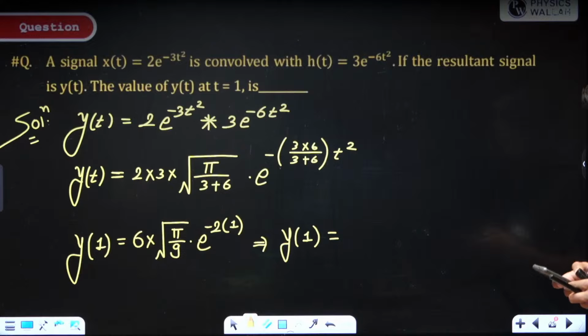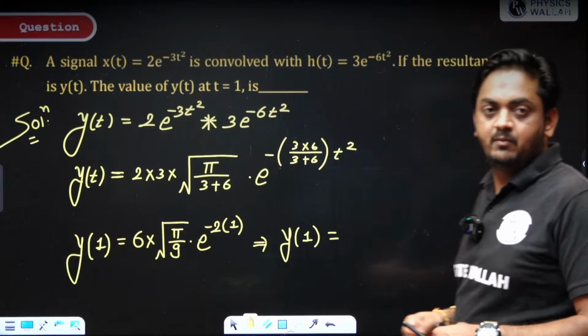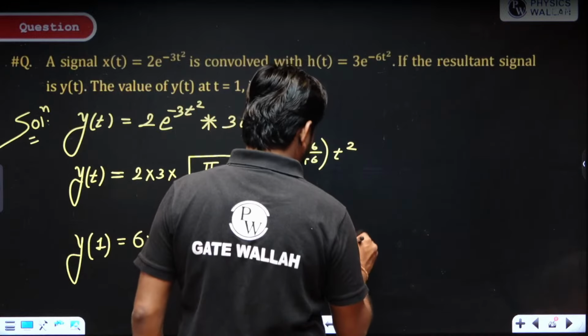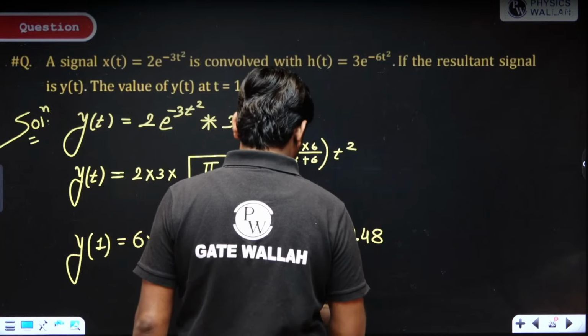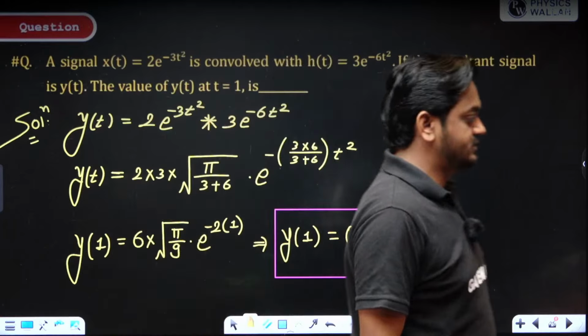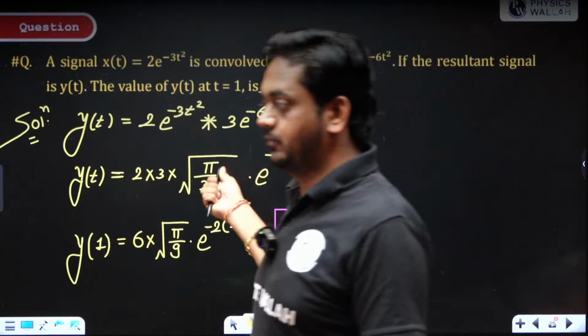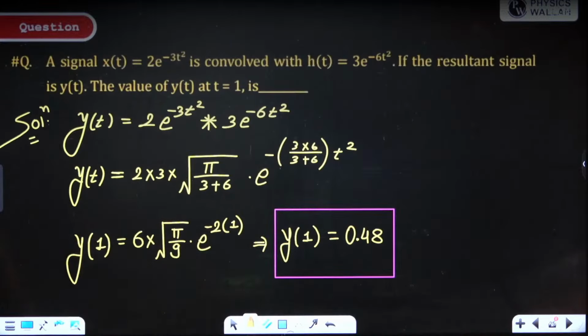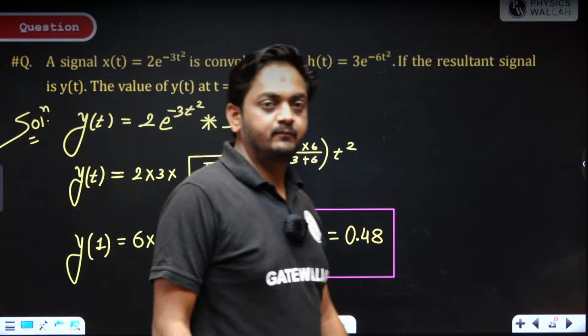So e to the power minus 2 into under root of pi by 9 into 6, I am getting 0.48. Please check once. Yes, 0.479, that is 0.48. Very good, understood? So they can ask questions from Gaussian functions like this. This type of question we can expect in the upcoming GATE exam. Got it?